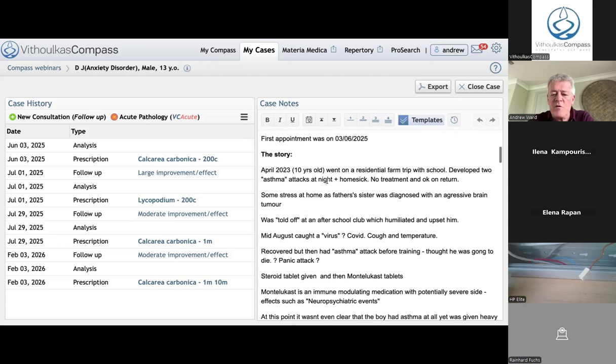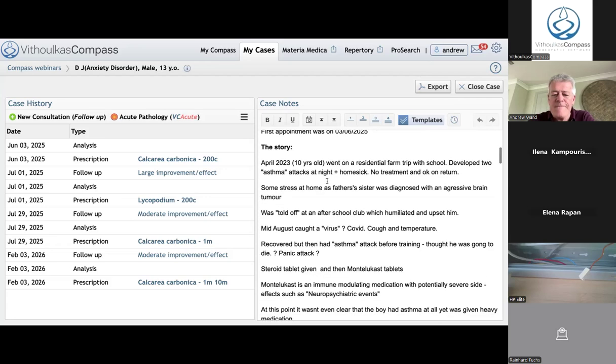First appointment was in June last year. Now, the story was that in April of 23, so 2 years previously when he was 10, he went on a residential farm trip with the school, developed 2 so-called asthma attacks at night, and was feeling very homesick.